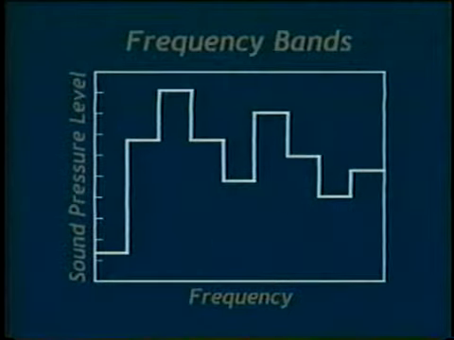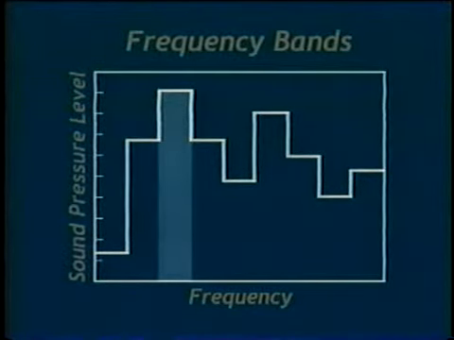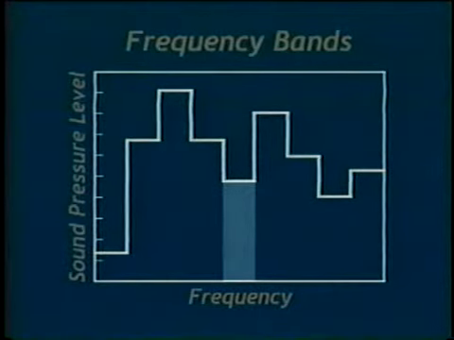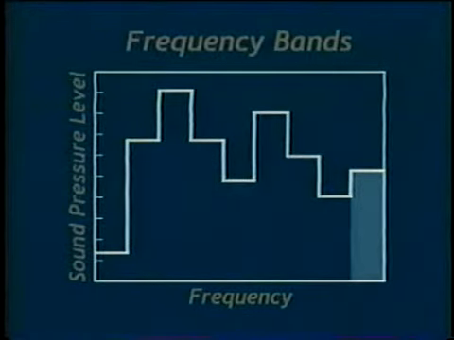For convenience, the frequency components of a complex sound source are very often studied in terms of octave or fractional octave bands. These bands each cover a range of frequencies and are referred to by the center frequency of the band. When a sound is complex, it can be called broadband because it encompasses many frequency bands.